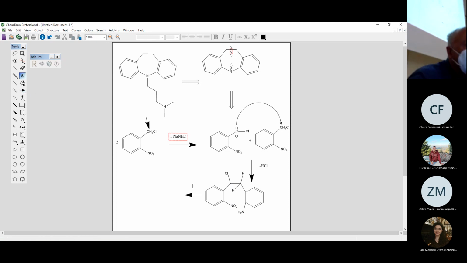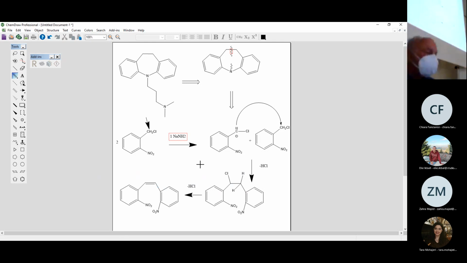So we can write again minus HCl, and then the other intermediate is this molecule, this one, with a double bond in this position.